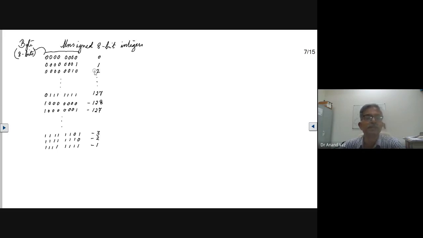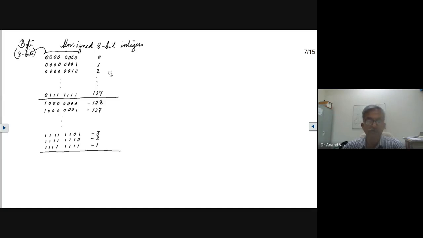So you can see that all these negative numbers have their most significant bits as ones. And this is the positive part, 0 and the positive integers.